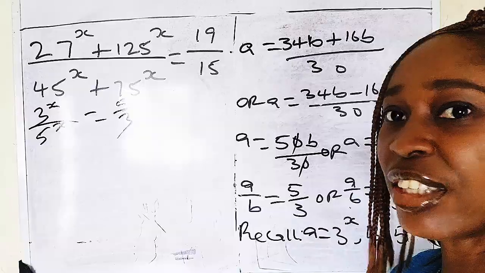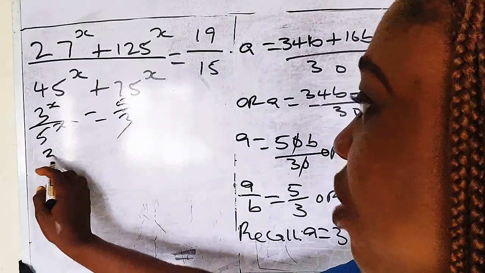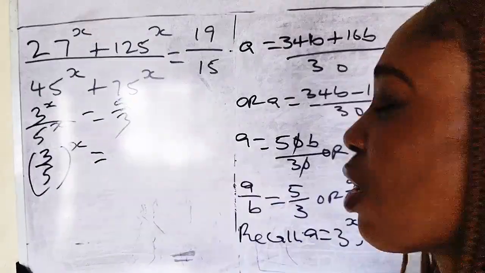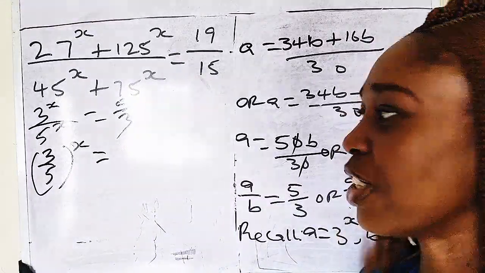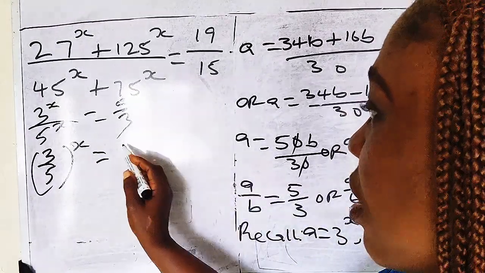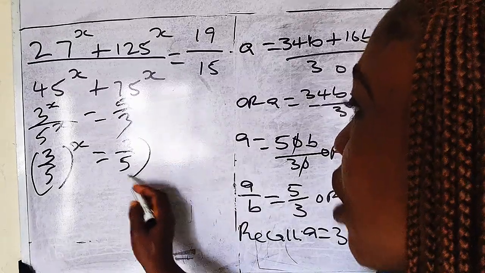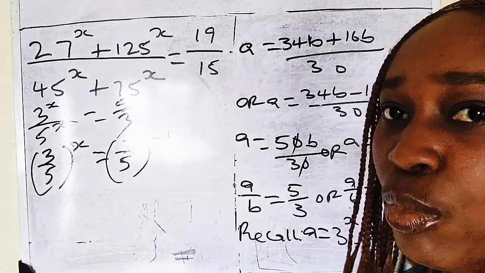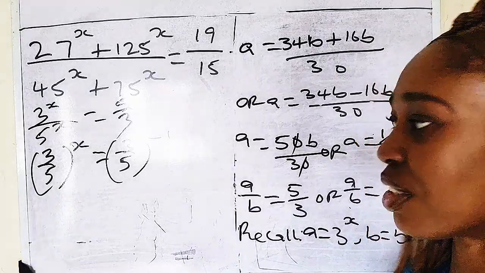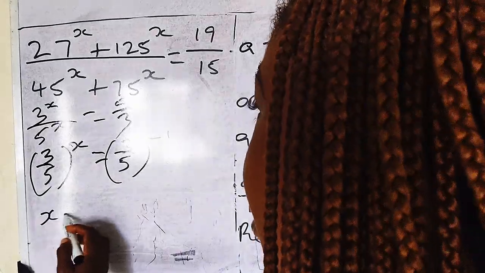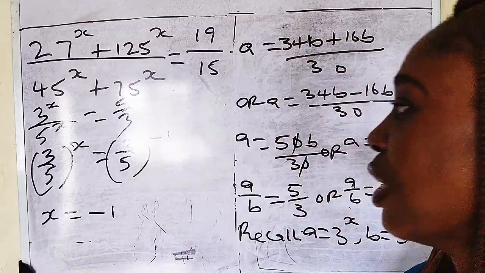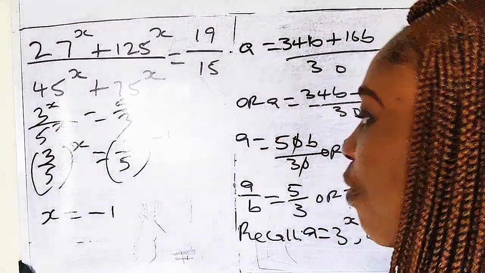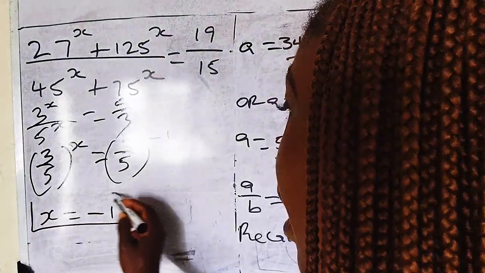Now, from the law of indices, this is the same thing as 3 over 5, all raised to power x, and is equal to, also from the inverse law of indices, 5 over 3 is the same thing as 3 over 5 raised to power minus 1. And in this case, the bases are now the same. We can equate their indices. So we have that x is equal to minus 1. That is when A over B is equal to 5 over 3. This is one of our answers.